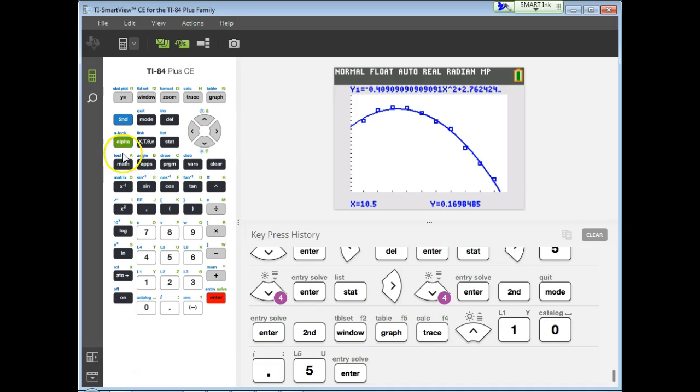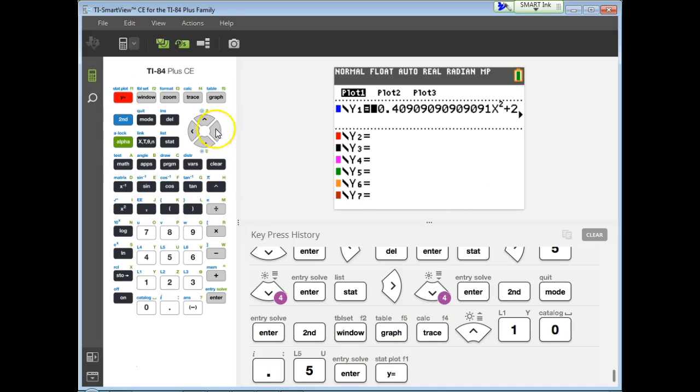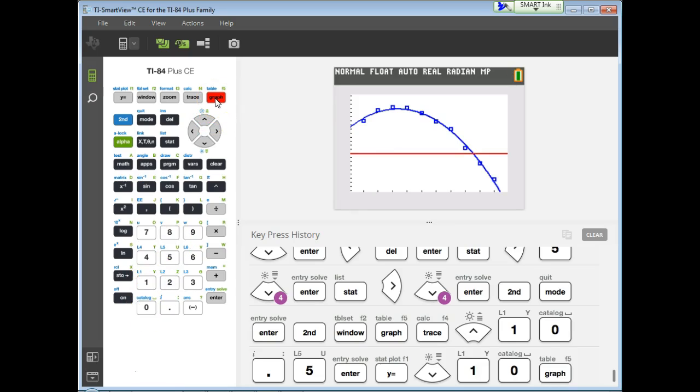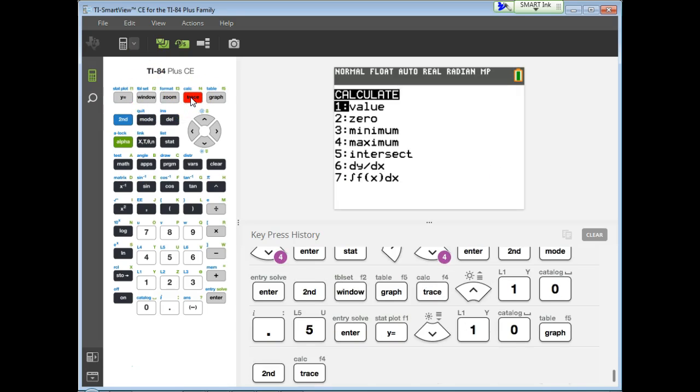If you go to your calculator, and in y2, you type 10, you're going to see where they intersect. And finding an intersection point is a lot easier than tracing for the rest of your life. So intersection is found by going to your calc menu, choosing intersect.